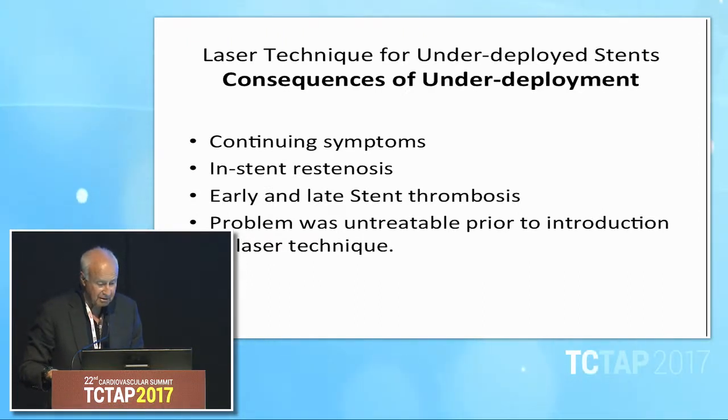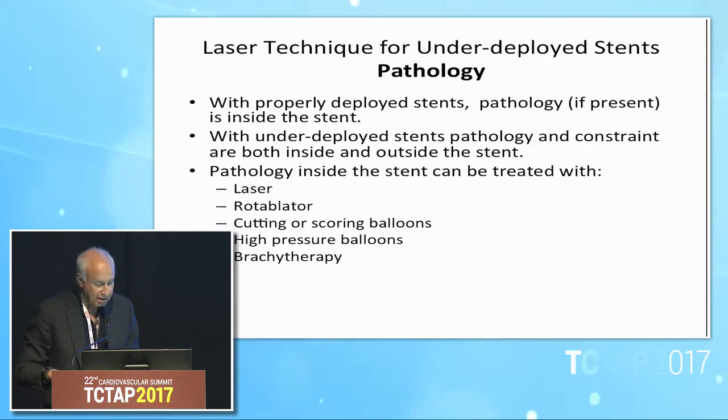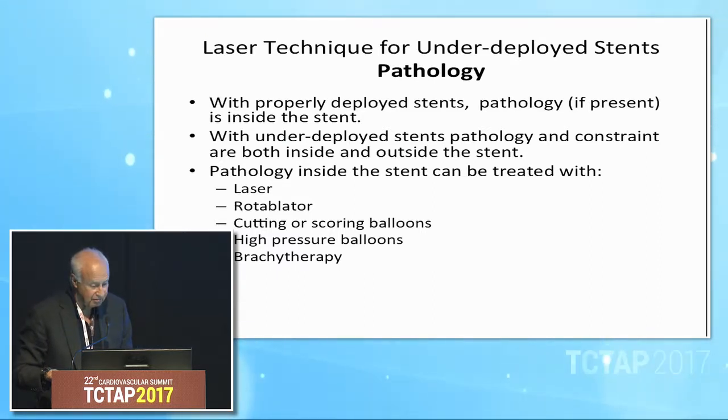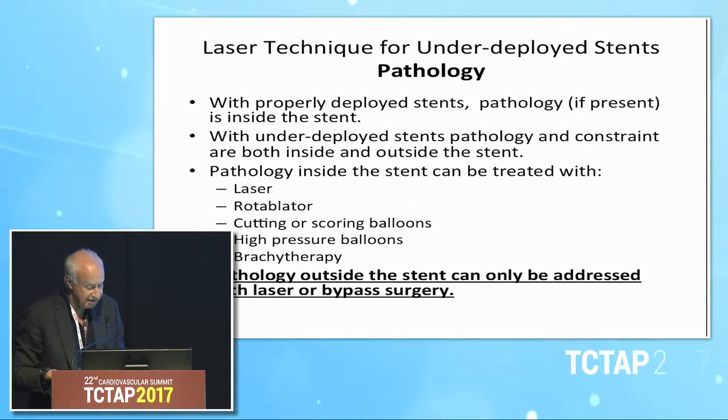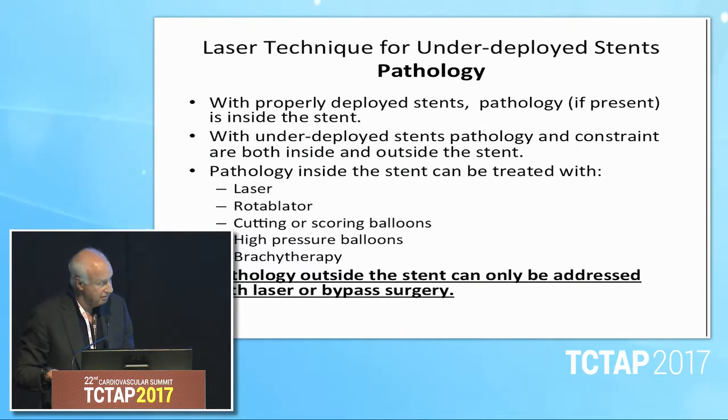We know that underdeployed stents that are too small give us continuing symptoms, in-stent restenosis, and early and late stent thrombosis. With in-stent restenosis, we have a number of ways of treating it, and we do it almost every day. But disease that's outside the stent can only be addressed with the procedure I'm talking about or bypass surgery.